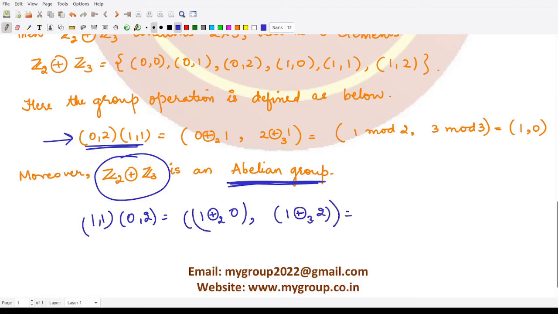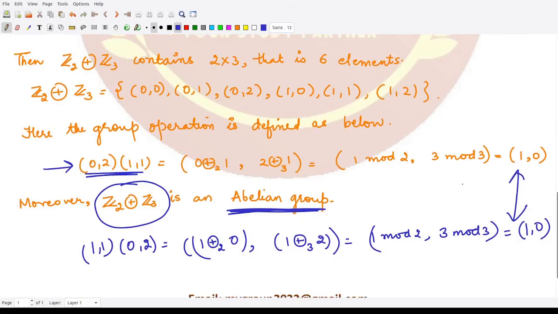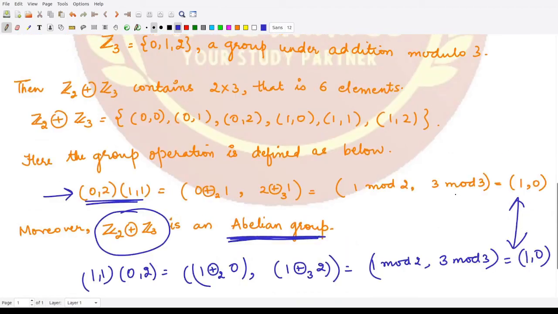So 1 plus 0 is 1 mod 2, and 1 plus 2 is 3 mod 3. You see we have the same answer, (1, 0), as above. This is for one element. For all other elements we have this commutativity, hence this external direct product is an abelian group.